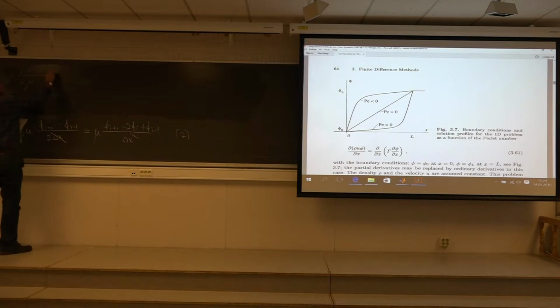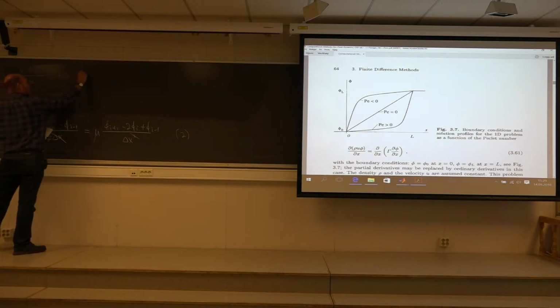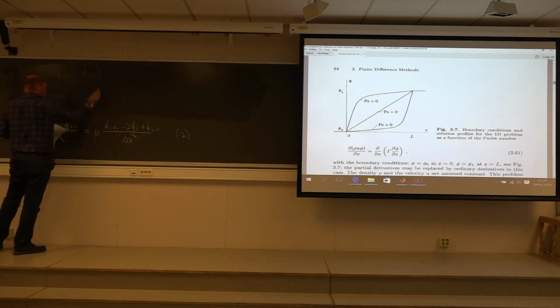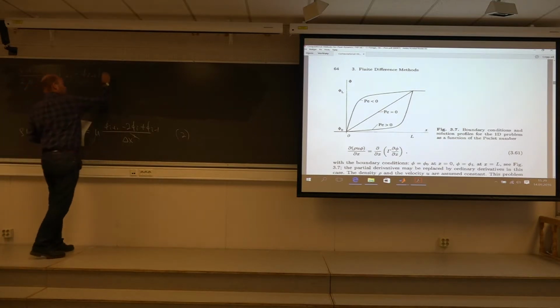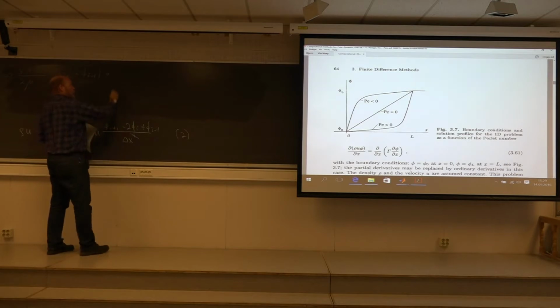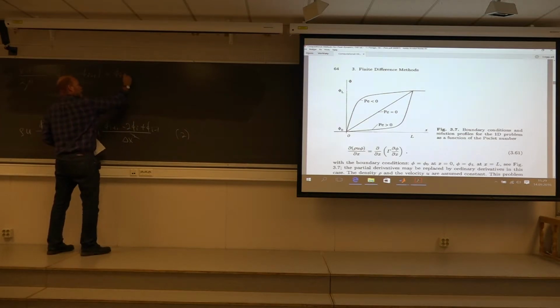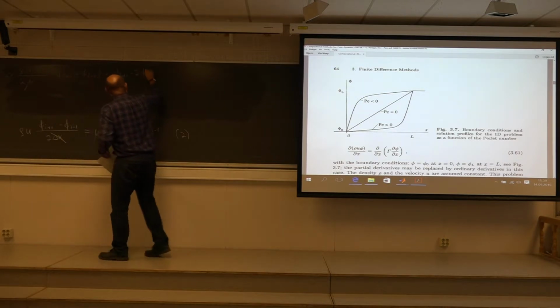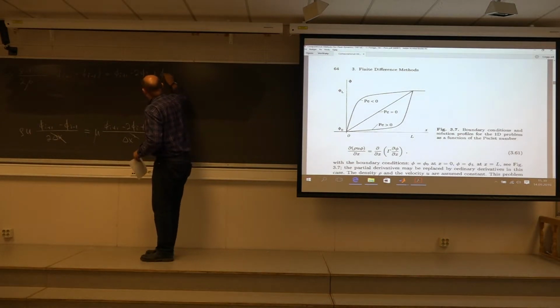And then here we will have this difference, phi i plus 1 minus phi i minus 1. And then on the other side we will just have the stencil here, i plus 1, minus 2 times center point, and i minus 1.